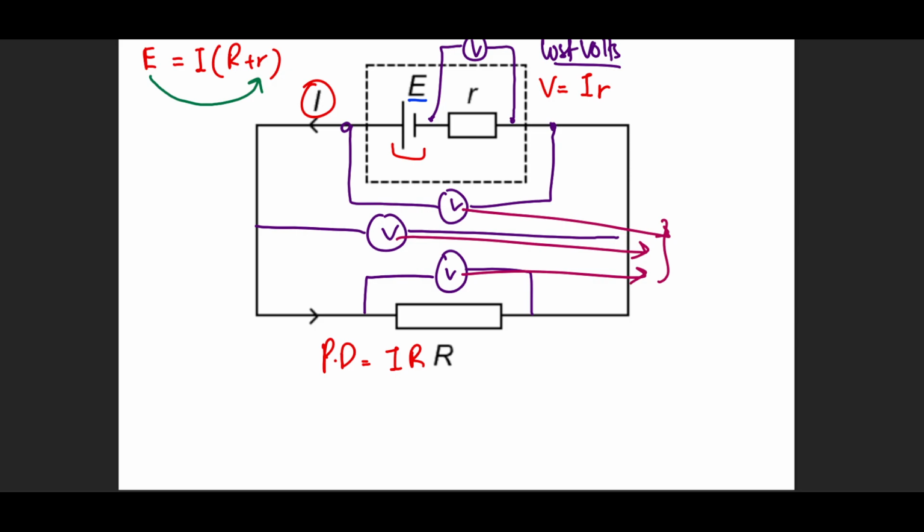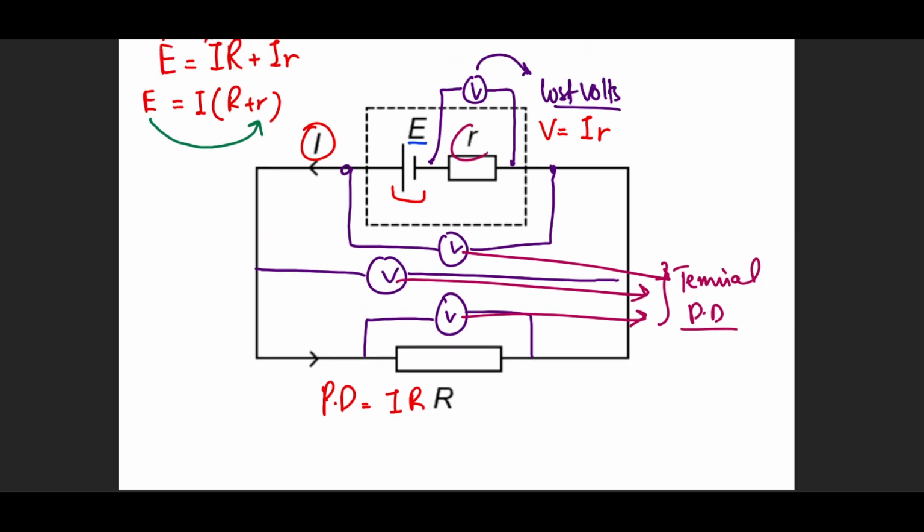This is called the terminal potential difference. This is what you get on the outside. This is what you get from the cell at the end of the day. Once it has compensated for the internal resistance, whatever voltage is left will be given to you to be utilized on the resistor on the outside.